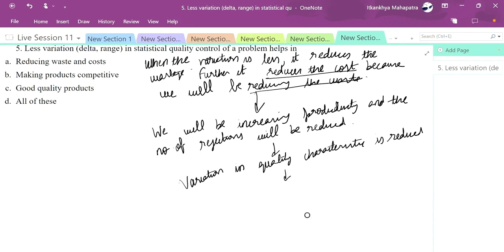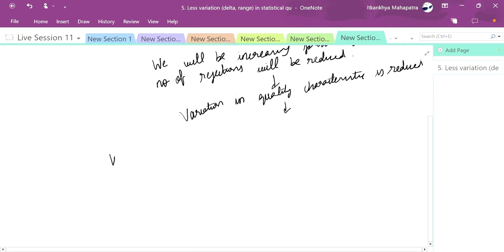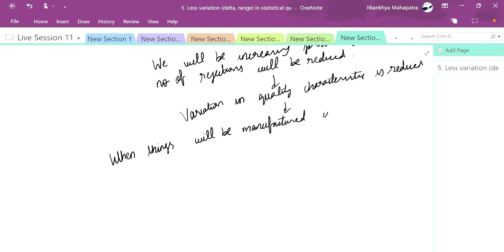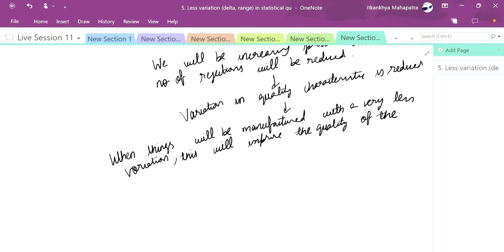Now, when things are manufactured with very little variation, this will improve the quality of the products, that is, its functionality and features.